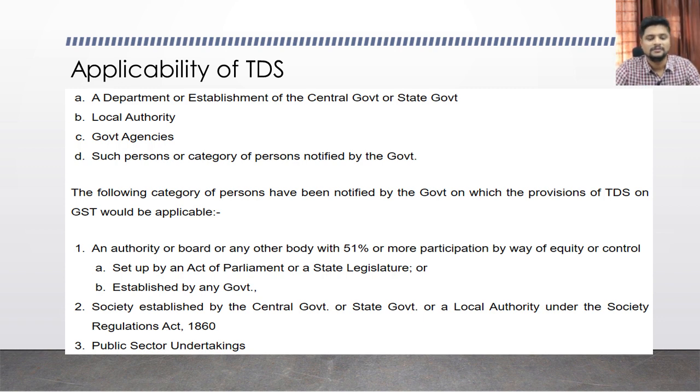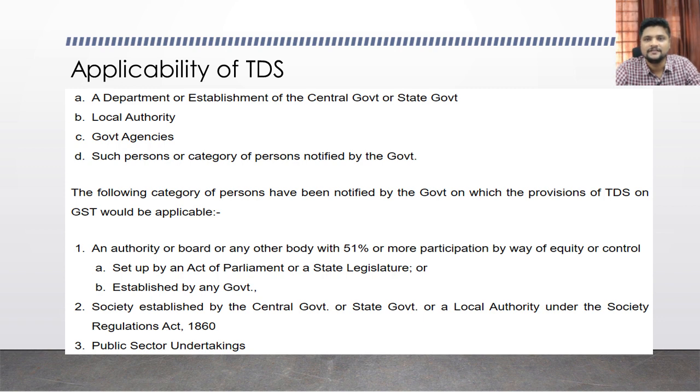We just discussed that it is applicable to departments of the central government and state government, local authorities, government agencies, as well as any societies established by these governments or local authorities under the Society Regulation Act. For them also the TDS provisions are applicable. Next is public sector undertakings. For any public sector undertakings, these provisions are applicable.